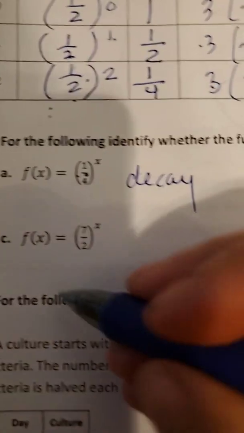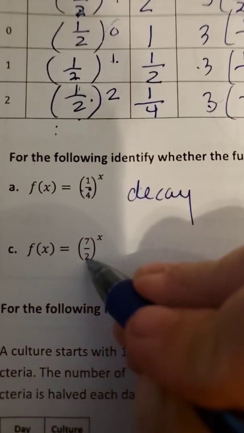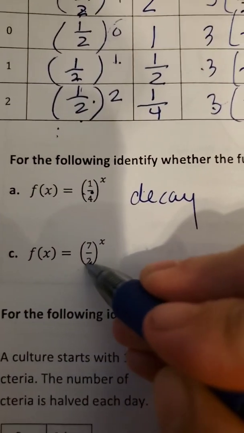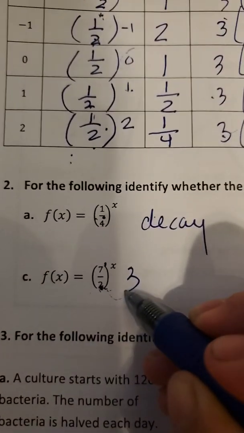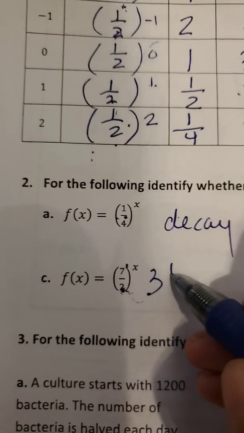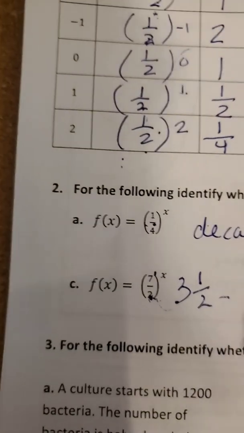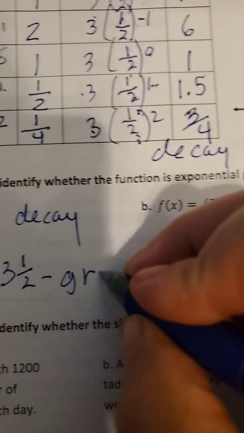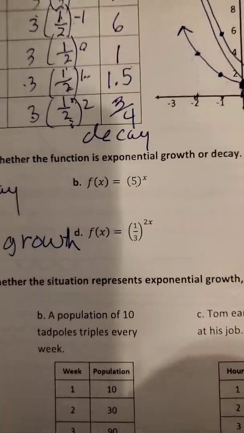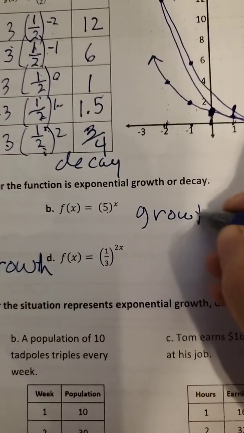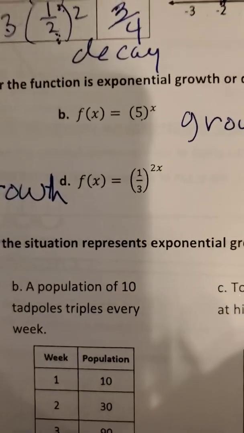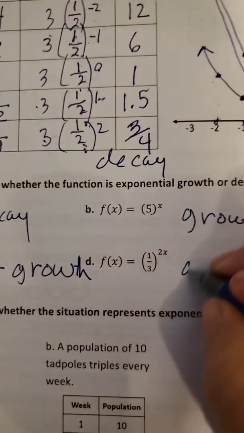So this one, it's a fraction, but it's an improper fraction. 2 goes into 7 3 times with 1 left over, so that's actually growth. Let's look at D. So 5 is greater than 1, so it's growth. And then this is 1/3, so it's decay.